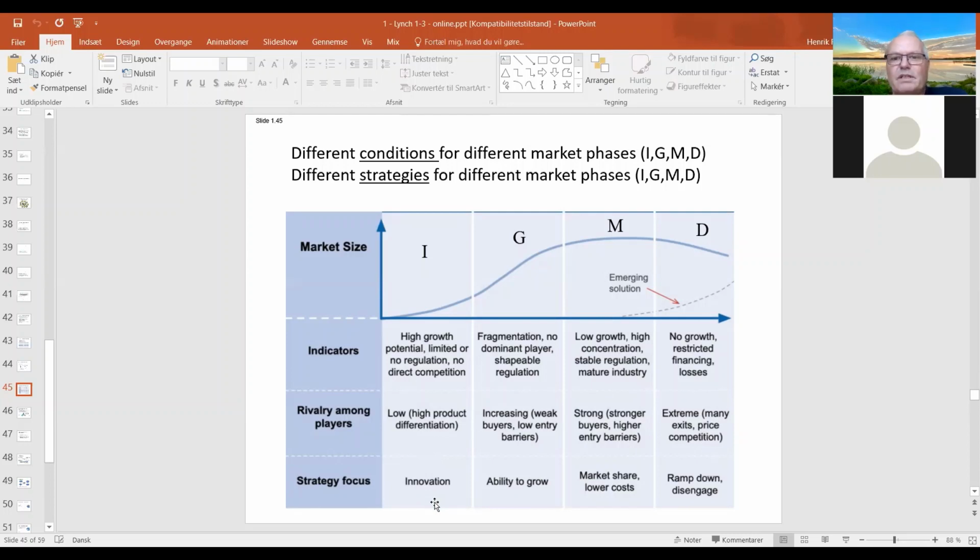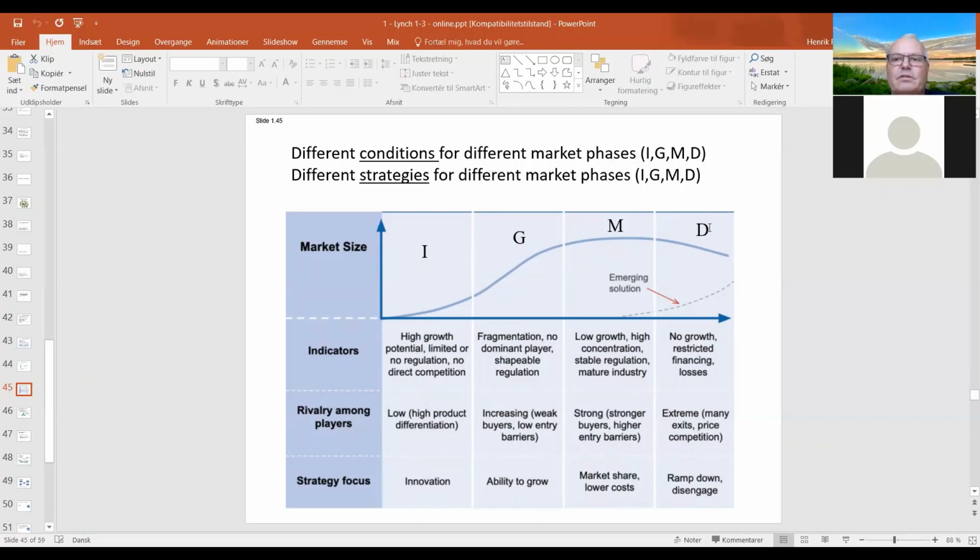But what is important is if you are asked to do an industry analysis based on this industry life cycle, and you are told that, okay, the business is wind turbines, for example, then you will have to evaluate what kind of market phase here do wind turbines find themselves in.